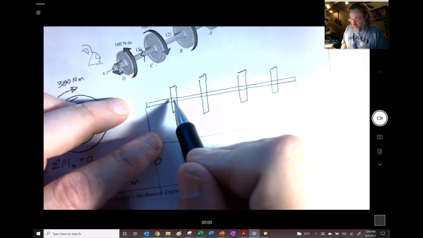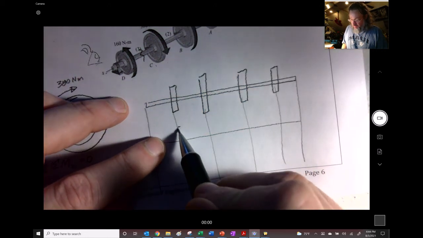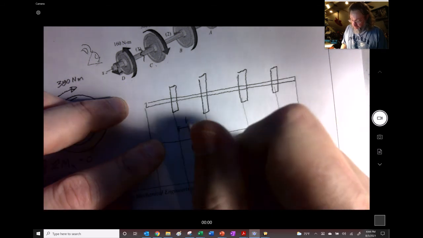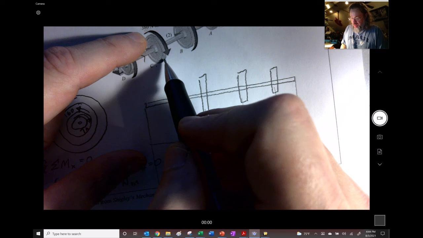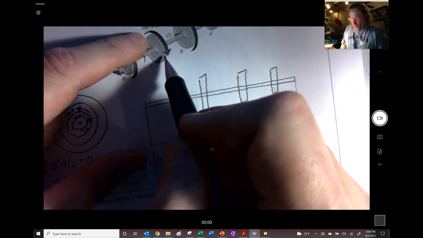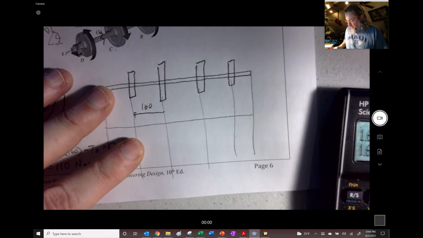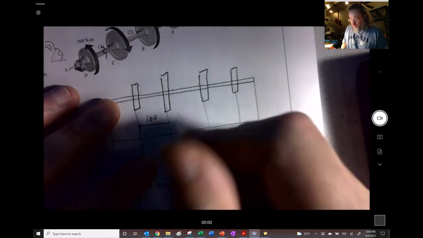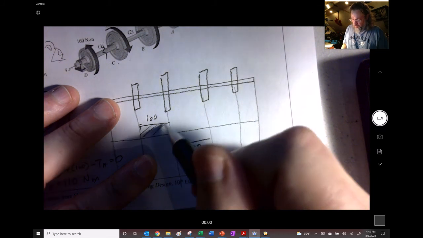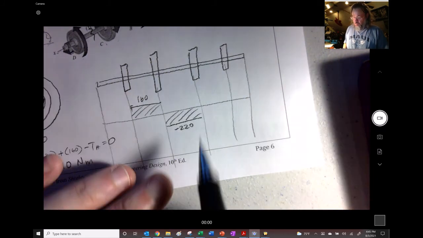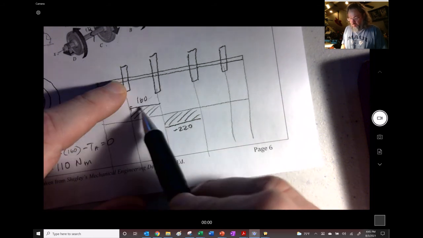So this is a positive value of 160 newton meters. Now this is 380, and it's going counterclockwise, so it's negative. So we would subtract: 160 minus 380, and we get a negative 220. That means the torque in between here and here is 160.